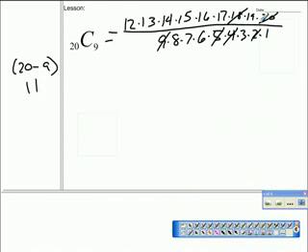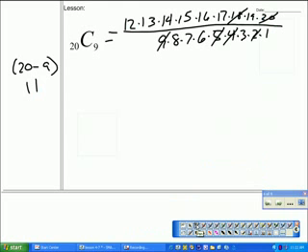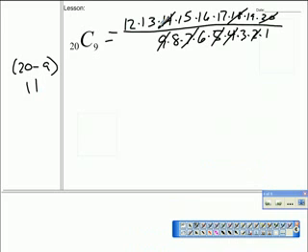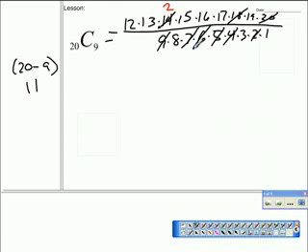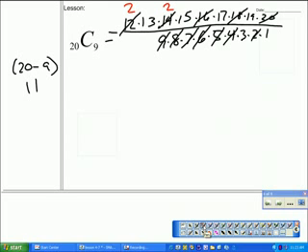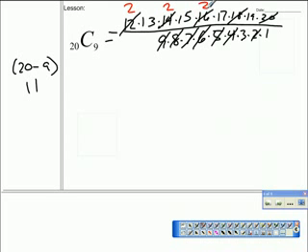Well, I don't have any others I can combine, but I can start doing them individually now. 7 goes into 14, and then I have 2 left over. 6 goes into 12, and I got 2 left over. 8 goes into 16, and I have 2 left over. 3 goes into 15, and I have 5 left over.